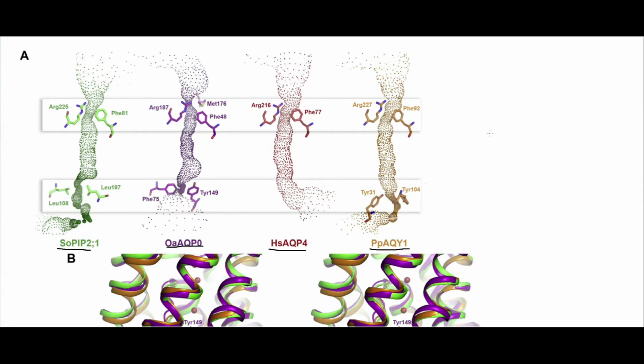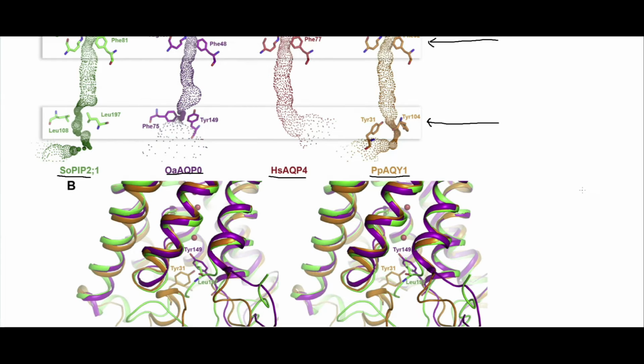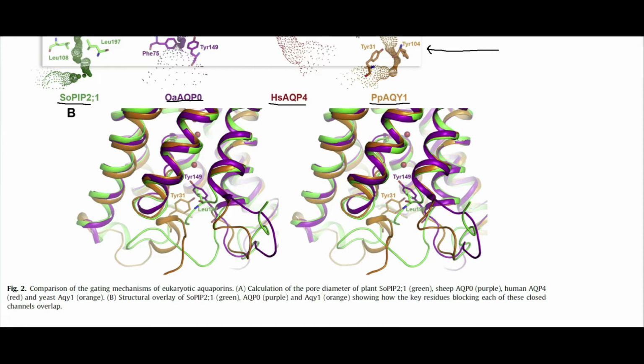But the thing to notice, and they kind of have it boxed here, is these areas here where you can actually get this restriction of these residues into the pore, and those are controlling whether water can go through them or not. So these pores can all be closed if you don't want water moving through them, or they can be opened back up. And so this is looking at some of these residues here.